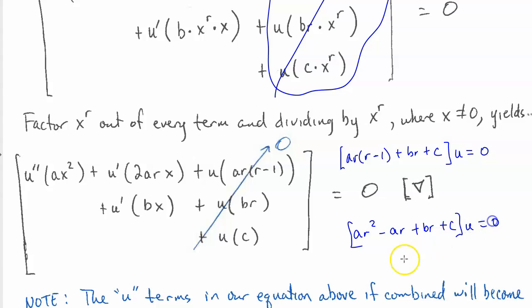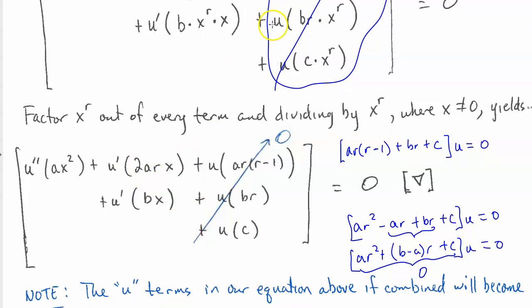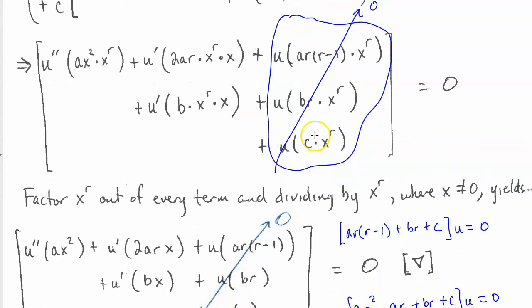And all that times u equals 0. And here, notice that this middle part is just b minus a times r. So what we have here is essentially our indicial equation, our indicial expression, times u equals 0. And so we know by definition of the indicial equation, all that has to be 0. Okay. So that's how we know all these terms end up going to 0 here.